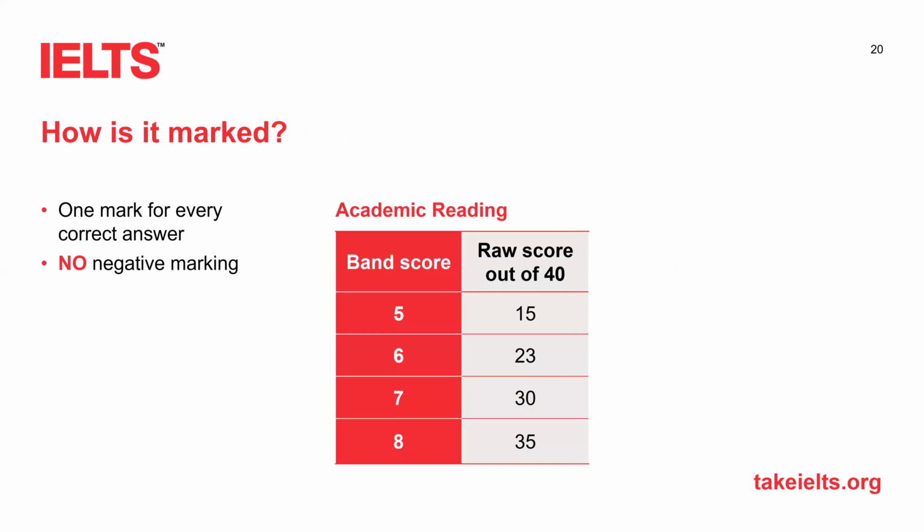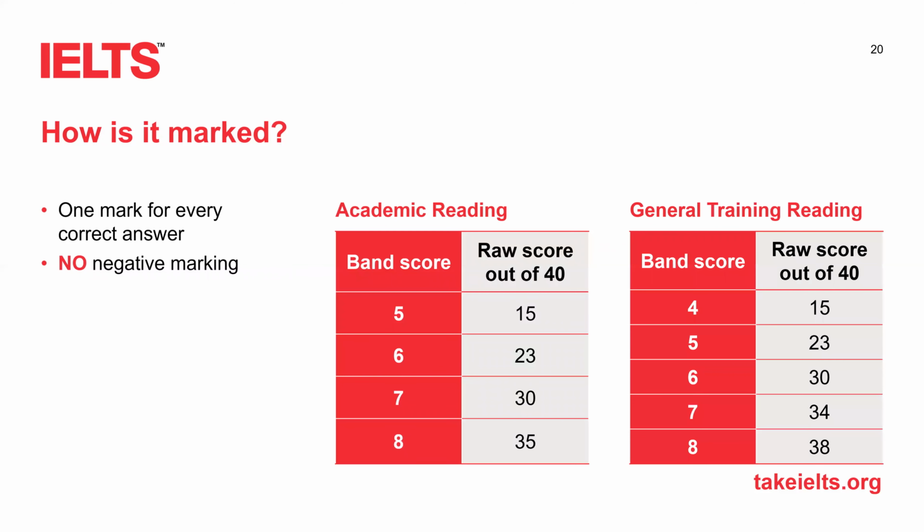This is a rough approximation of how the academic reading test is going to be converted from a raw score out of 40 into a band score. And the same thing for the general training reading. If you look closely, you'll notice that there is a difference between the way the scores are converted. So if you look at a band 7 in the academic reading, you will generally need a minimum of 30 out of 40.